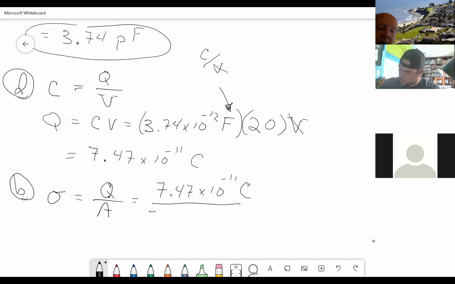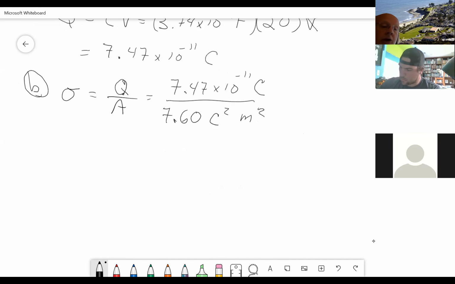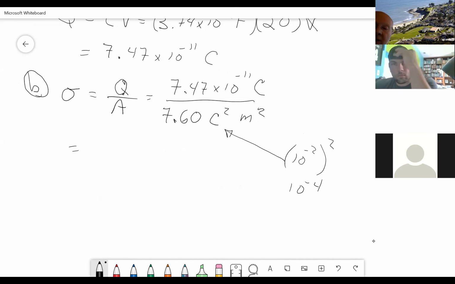But the area is 7.60 centimeters squared over meters squared. So I'm going to treat that centi as 10 to the minus 2 squared, which is 10 to the minus 4.